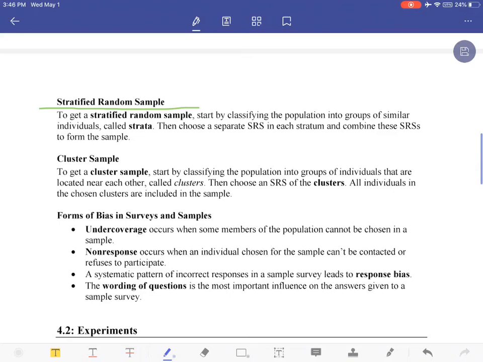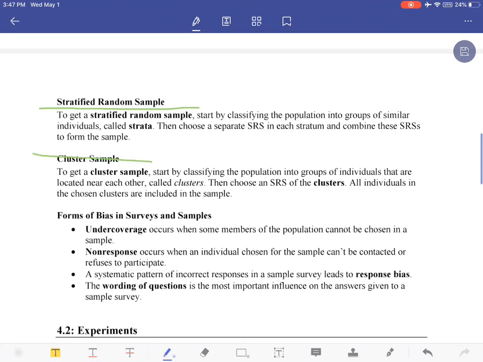So if I wanted 50 students from each grade level, I would do a simple random sample of 50 for the freshmen, 50 for the sophomores, juniors, and seniors, and put them together to get a combined sample of 200. So a stratified sample is where we split them up by a common characteristic, and then within those different strata, those different groups, we select a certain amount of people randomly.